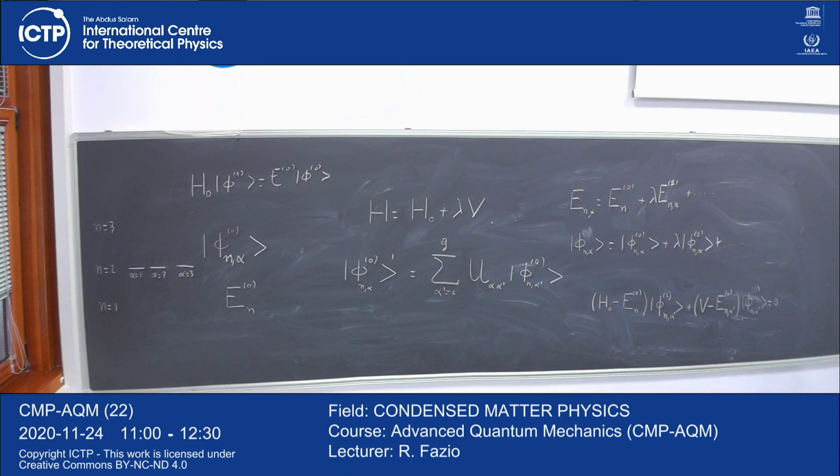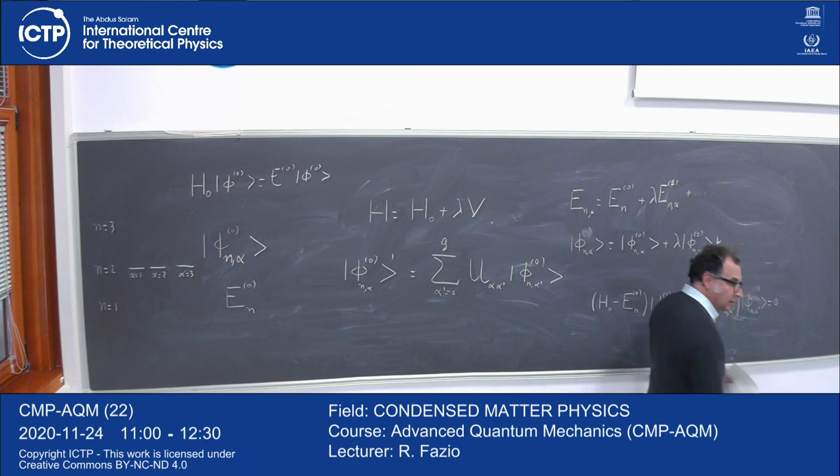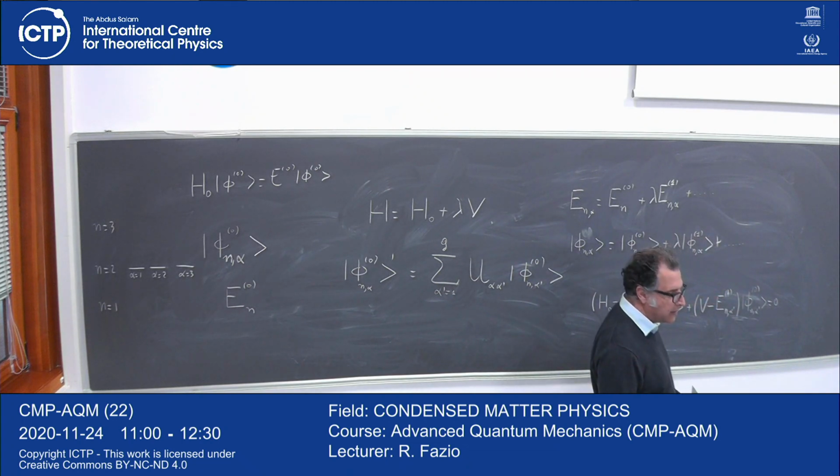E0 is the unperturbed eigenvalue. Oh no, I mean the E0 in the equation. Sorry, I wrote it wrong. This is E1. This was my mistake. Okay, so this is E1, thank you.